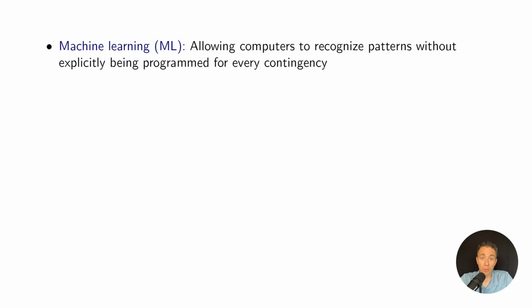To start with, what is machine learning? You'll probably find a bunch of other definitions online, but according to me, the definition is we allow the computer to recognize patterns on its own without being explicitly programmed for every possible contingency. A prime example of this is the United States Postal Service, which has computer vision tools to automatically sort mail.